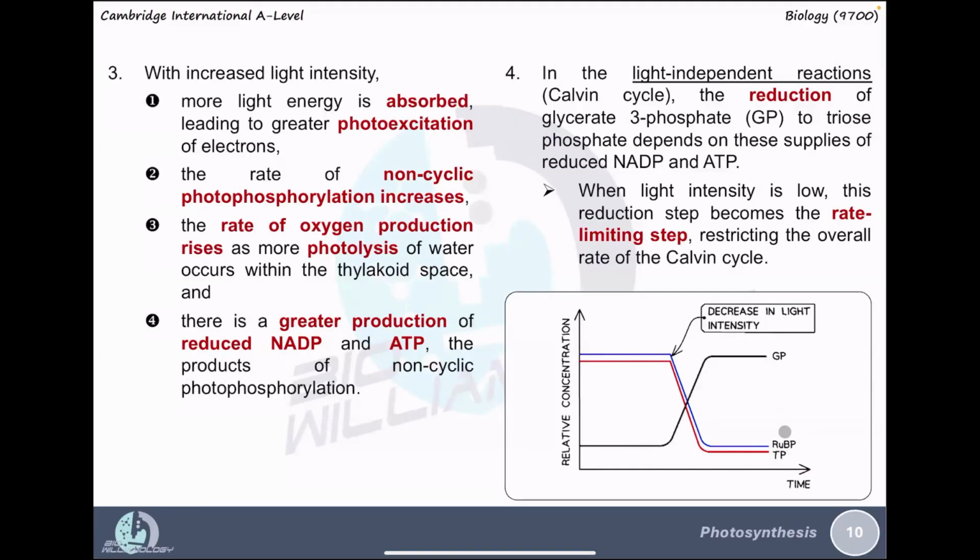Second, RuBP combines with CO2 to form an unstable 6-carbon compound, which splits into 2 molecules of GP. So overall, you can see that RuBP concentration decreases, TP concentration decreases, and GP concentration increases. The decrease in TP concentration is due to the use of TP either in the production of the photosynthetic product or the regeneration of RuBP.